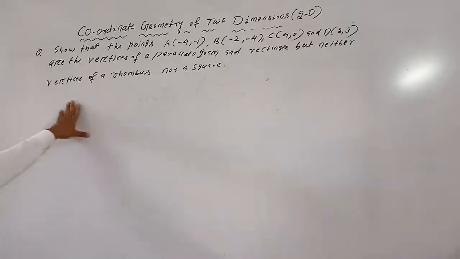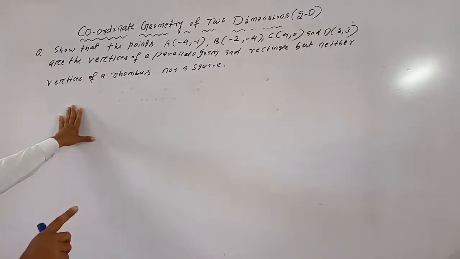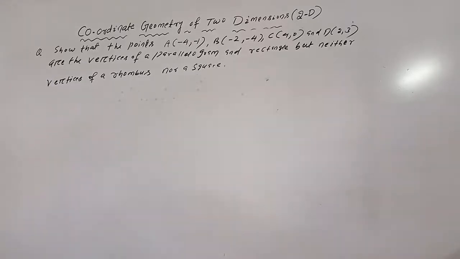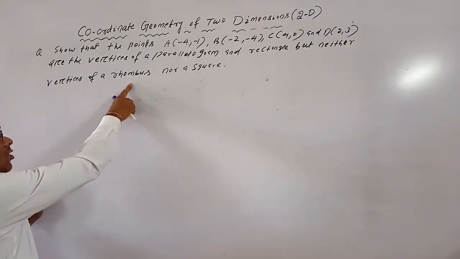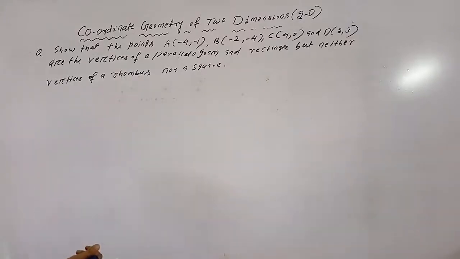But neither vertices of a rhombus, you know, in a rhombus the diagonals bisect each other. But in a rhombus, the length of sides are equal. For a rhombus or a square, the length of each side must be equal.